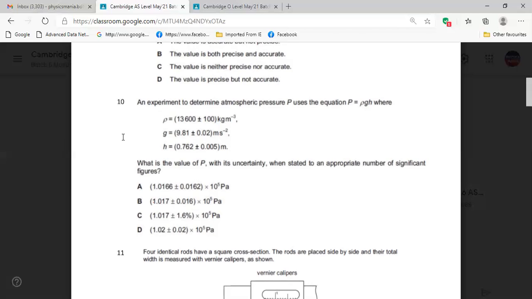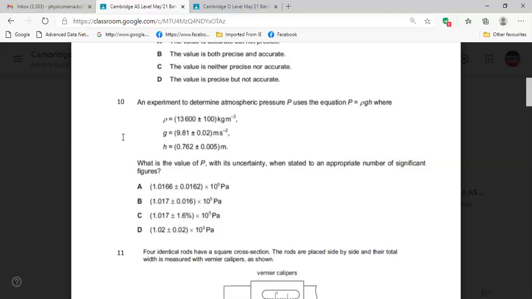The answer is too large. Yeah, how much is it? 101,662.992. Yeah, so you can write it 1.017 times 10 to the power 5 Pascal pressure, right?